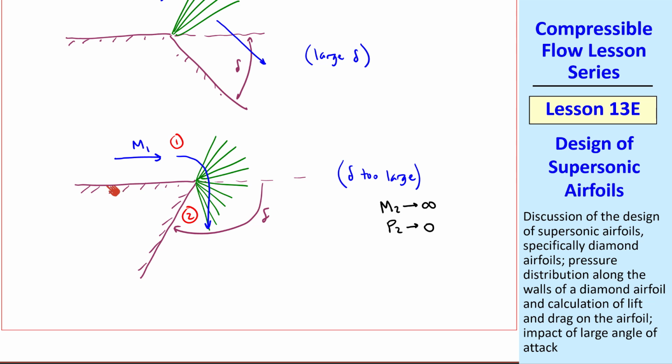But in real life, there are boundary layers along the walls, and those will contribute to flow separation. You won't be able to get infinite Mach number in a vacuum. Instead, the flow will separate at some angle like this. This kind of flow is beyond the scope of this course.